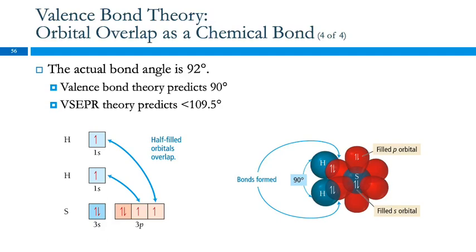Any questions so far? They overlap because in doing so, it lowers their energy. So in Lewis theory, we were looking at putting things together so that everybody could have an octet of electrons, right?